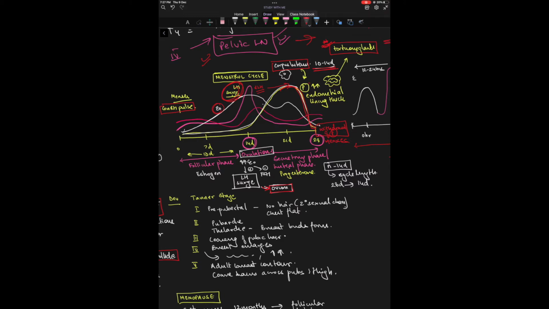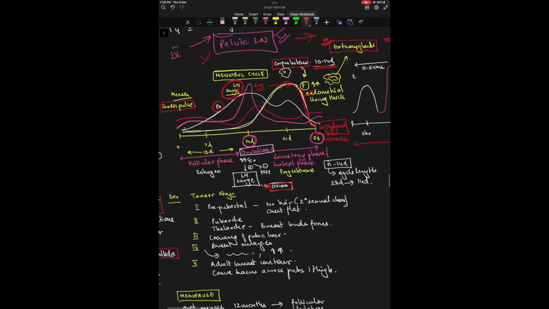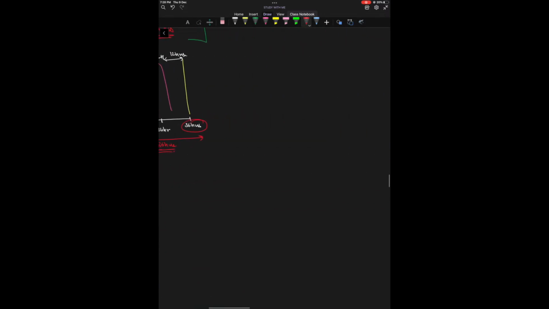Also the endometrial lining is thick. Therefore, remember one more point here, that progesterone acts on estrogen primed epithelium. This is very important. Make this a thumb rule.